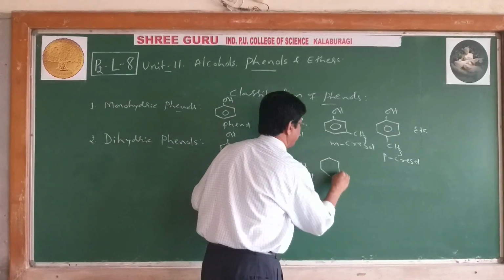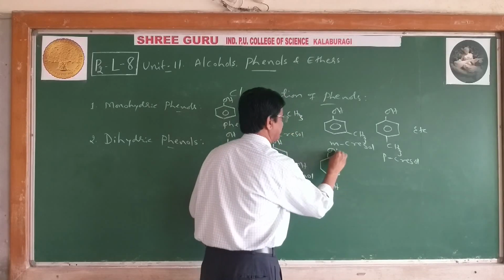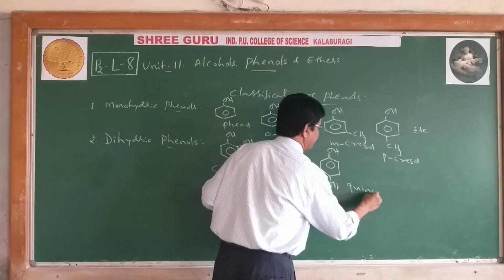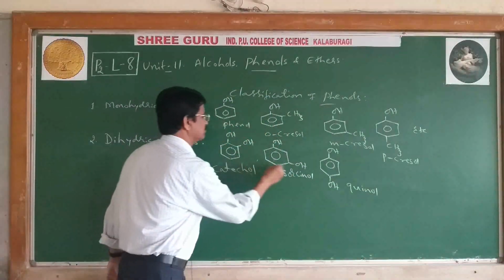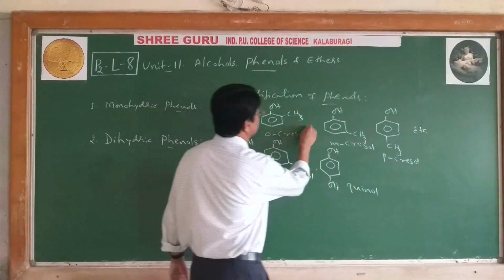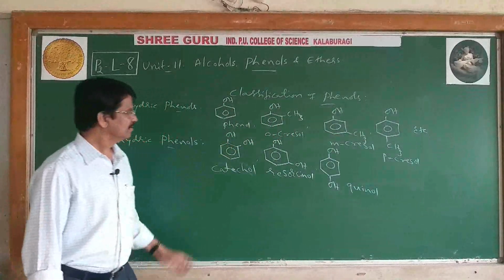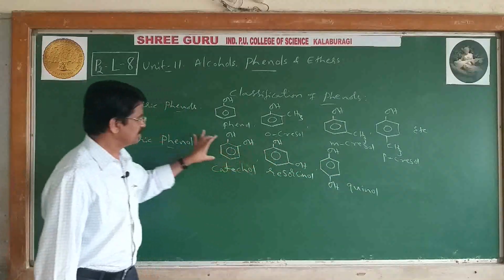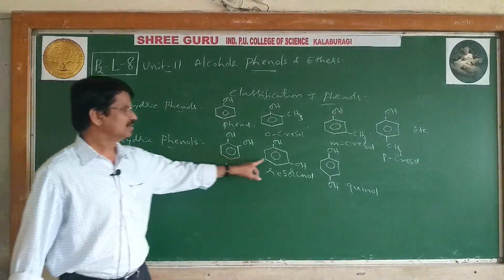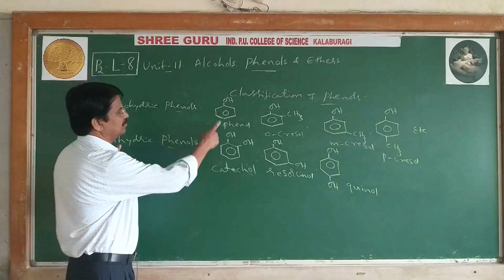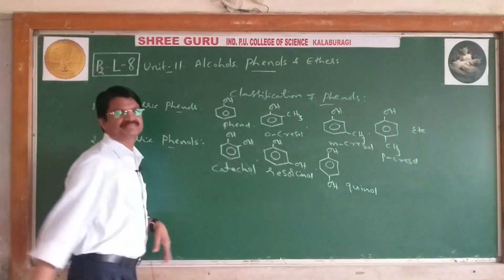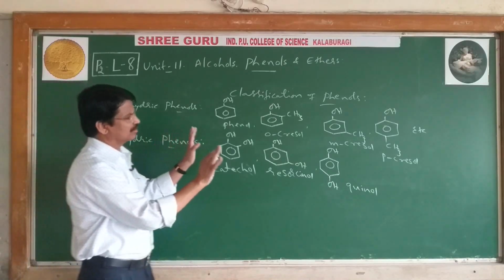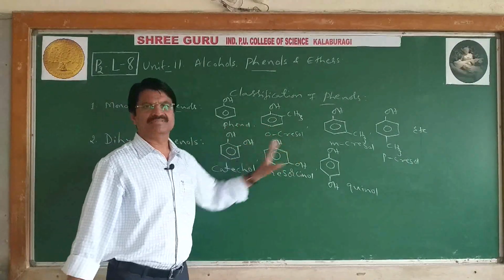Third, quinol. In all these structures, you can see two OH groups present on the ring. Then these are called dihydric phenols. The IUPAC names I will discuss later, but these are all common names. I am writing the common names of phenols.